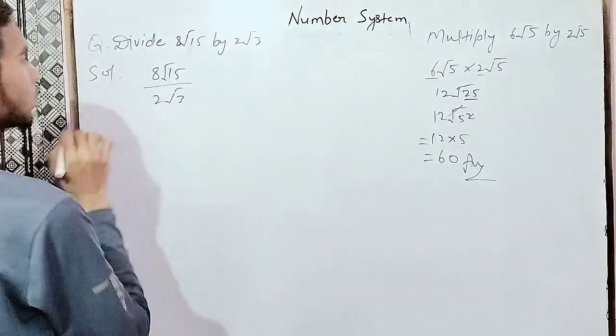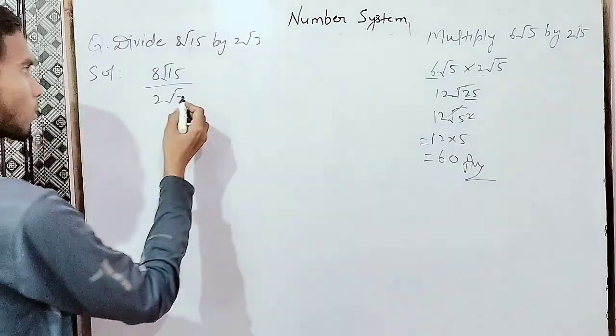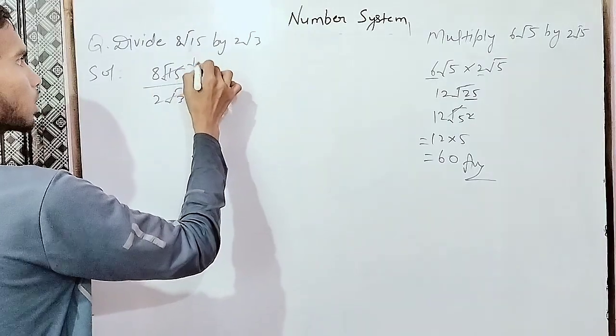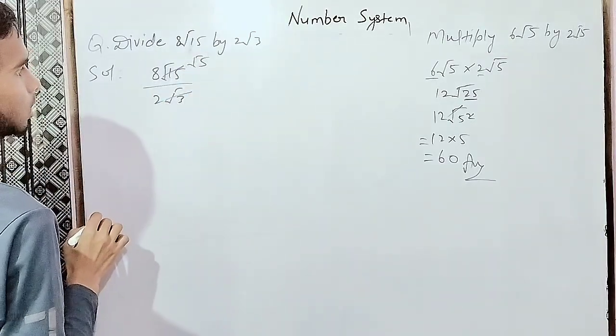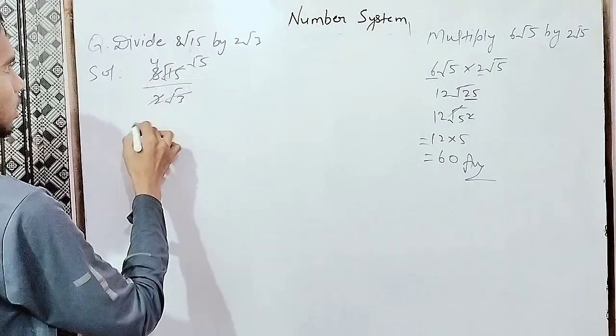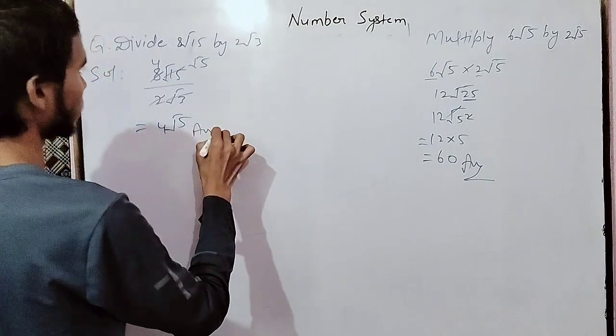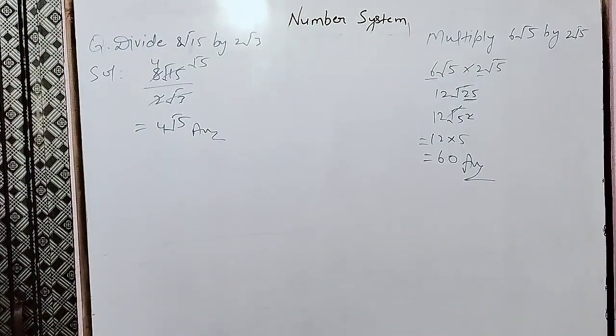Now here it will cancel by root 5. Isn't it? 2 4s are 8. 4 root 5 is the final answer.